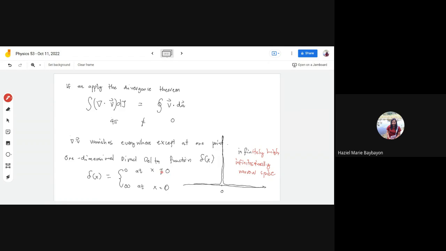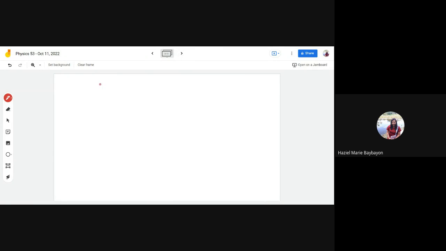Now, if we integrate the Dirac delta function over all space, from negative infinity to positive infinity, we will get 1.